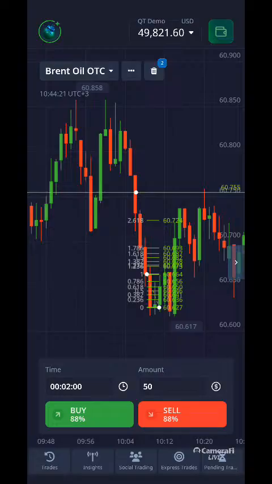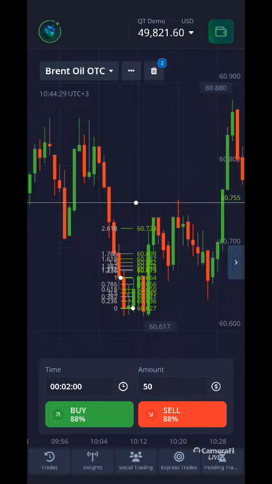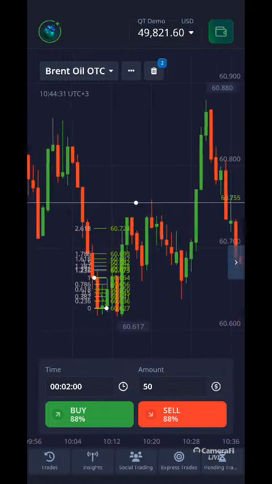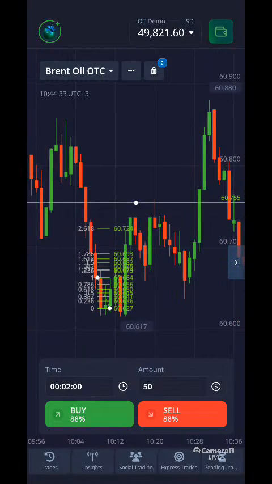Why? Because there is a seller who wants to sell at that level. There is a seller, there is liquidity. So if there is no seller, the buyers won't be interested. If there are no buyers, the sellers won't be able to execute their trades.